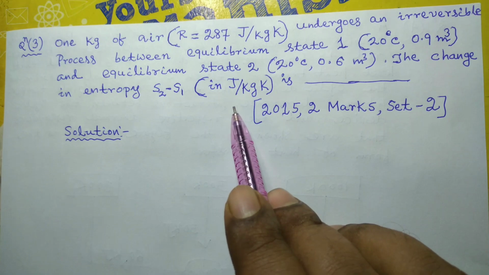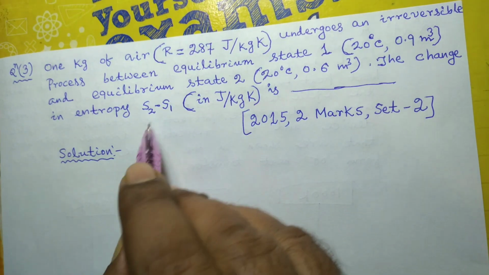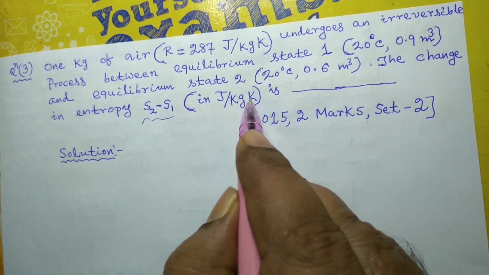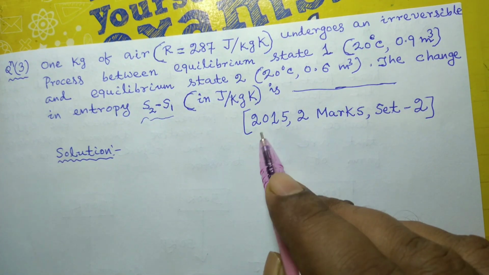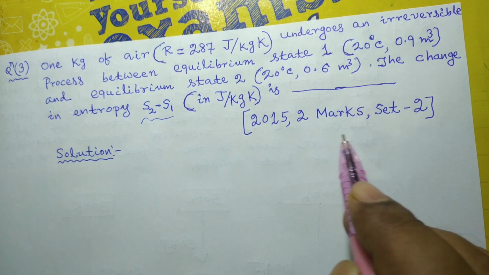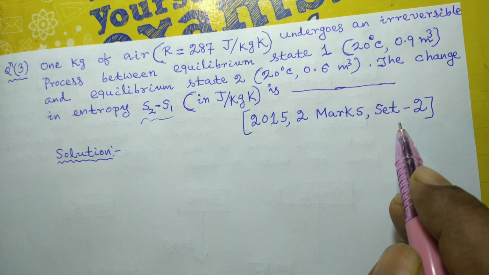The change in entropy, in fact the specific entropy in joule per kg Kelvin, we have to find out. It was asked in the year 2015, carries 2 marks, and it was in set 2.